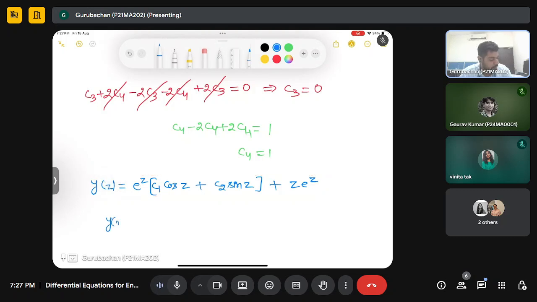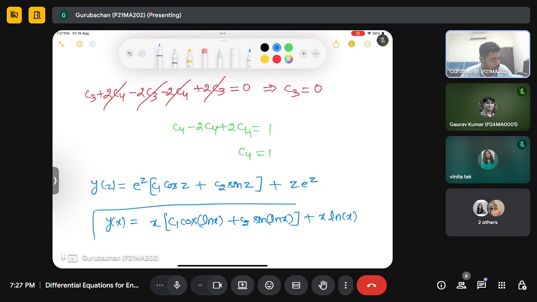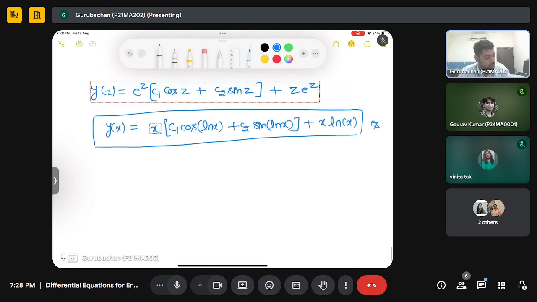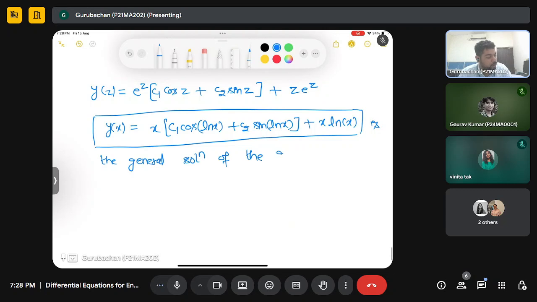Now we have to replace this z with x. Then x is equal to e to the power z. So it will be x times (C1 cos ln x plus C2 sin ln x) plus x ln x. This is the general solution of the given non-homogeneous Cauchy-Euler differential equation.